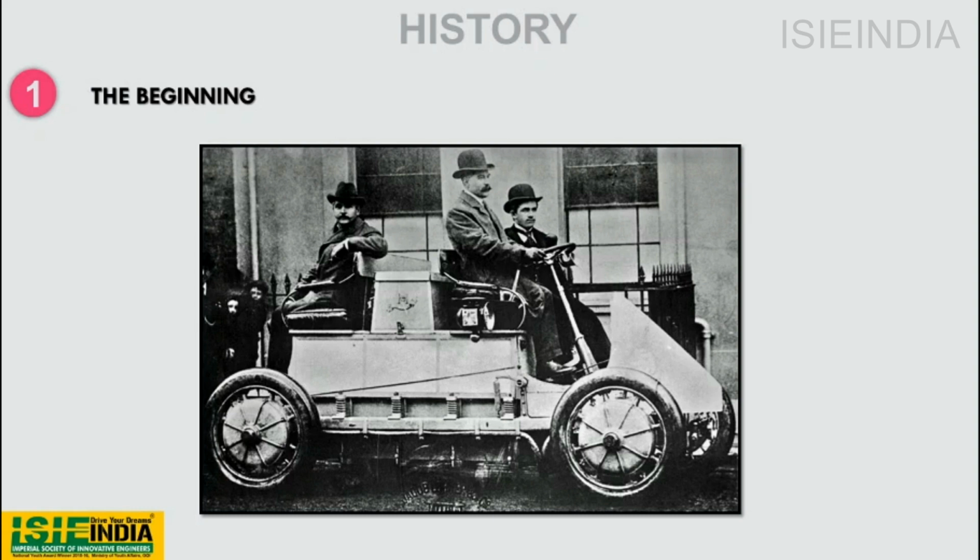Therefore, while hybrids were produced well into the 1910s using the technology developed by Ferdinand Porsche, most sold poorly because they had higher prices and less power than their gasoline-powered counterparts. Hybrids soon became a thing of the past and production started to decline.